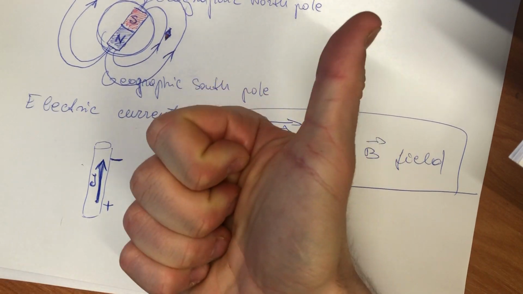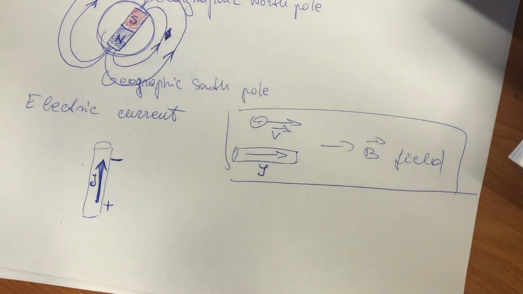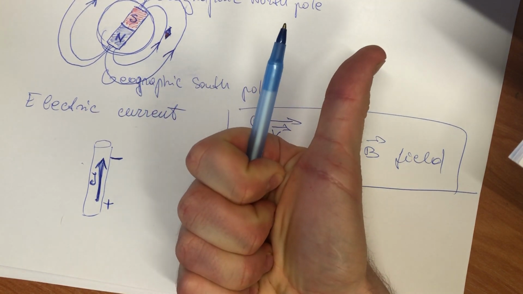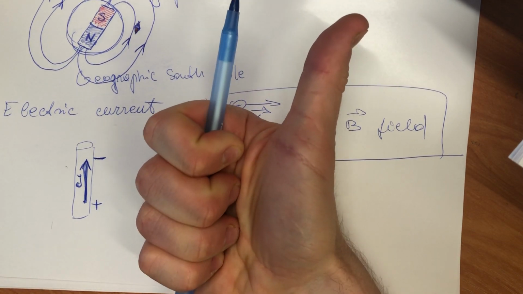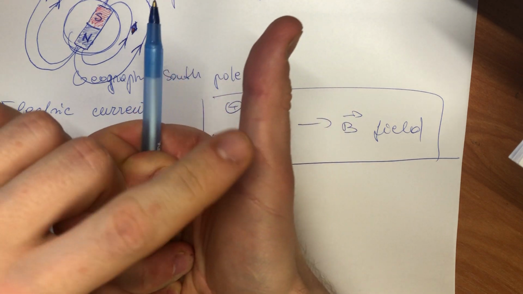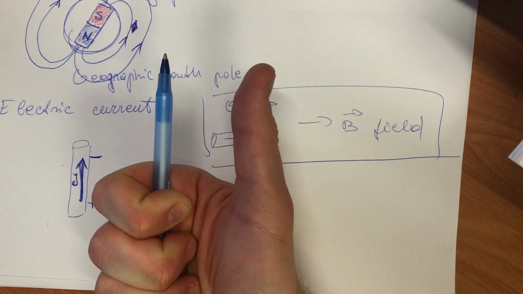The right hand rule is like this. Imagine that this pen is a wire. You take the wire and the thumb shows where the current is flowing.